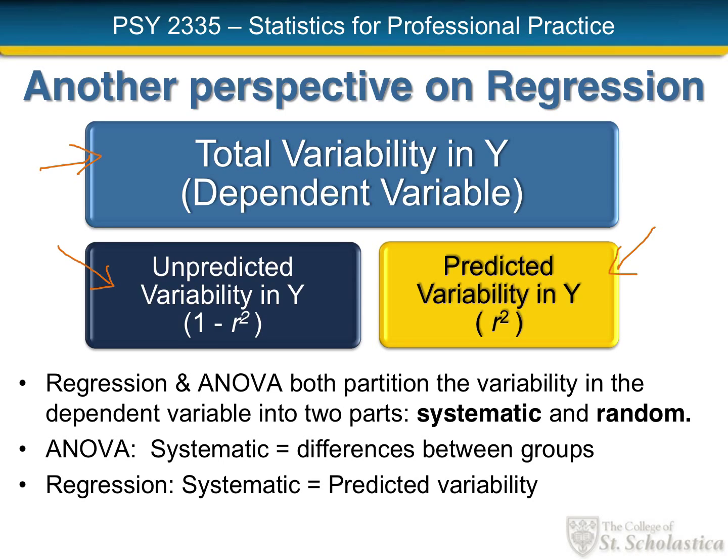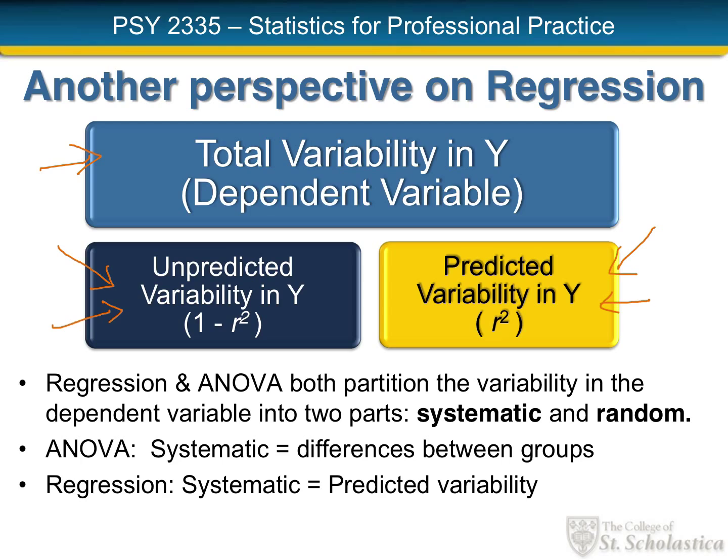In our regression approach, we no longer have groups because our predictor variable is measured along a continuum, but the same idea applies. The part of the variability in Y that is related to our prediction, in other words, how much better is our prediction with the regression line than it would be without it, is the systematic component, and the part of the variability that's still not predicted, even though we're using the regression line, is the error.